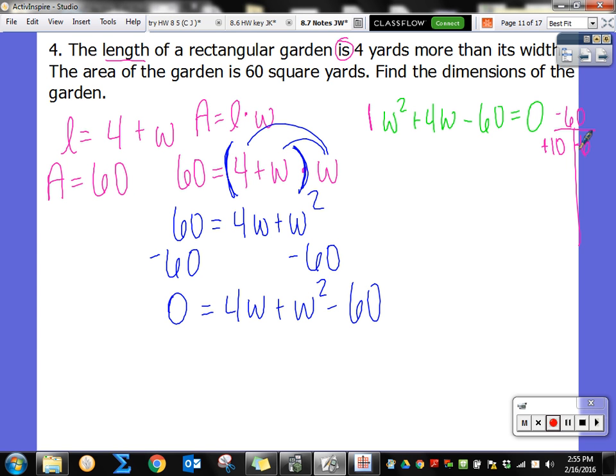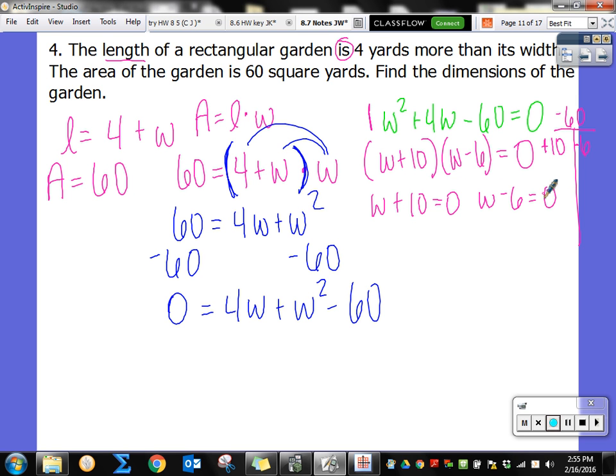The 10 needs to be positive, the negative needs to be on the 6. Then we can write our factors. W plus 10, W minus 6 equals 0. Set both of those equal to 0 to solve. So W equals negative 10, and W equals 6.